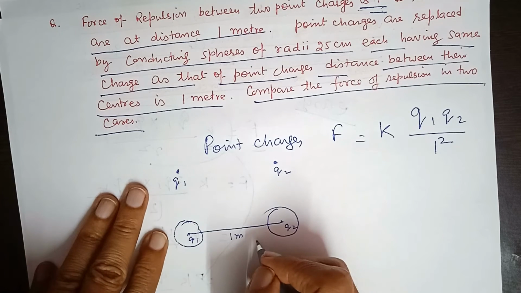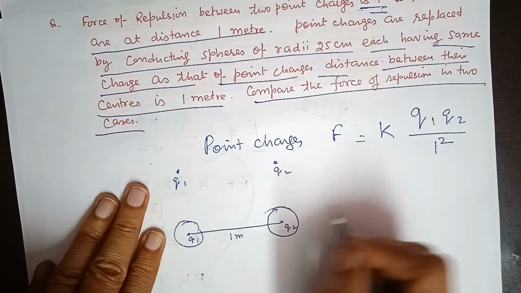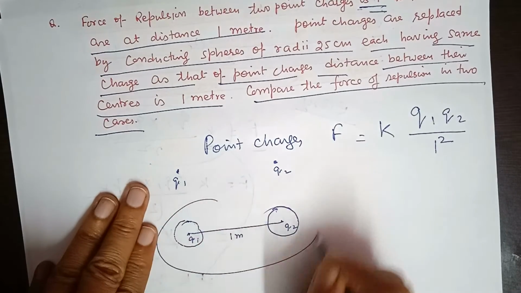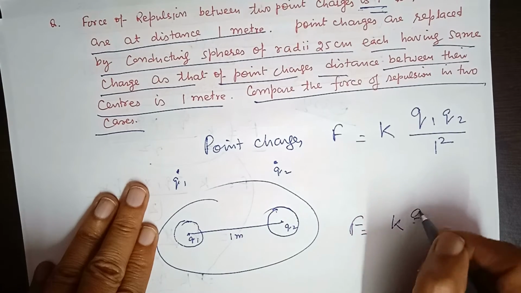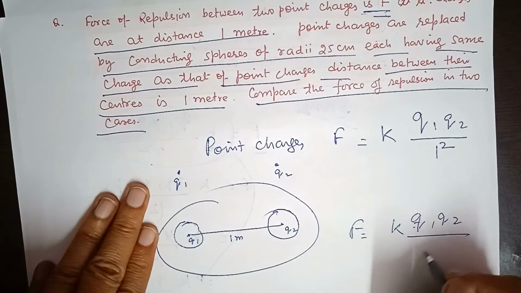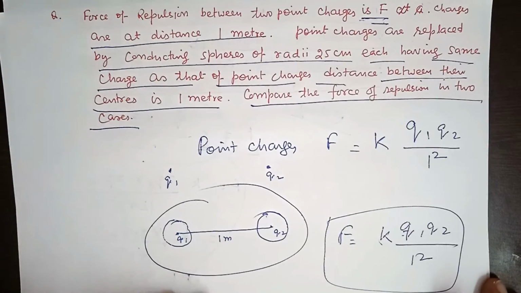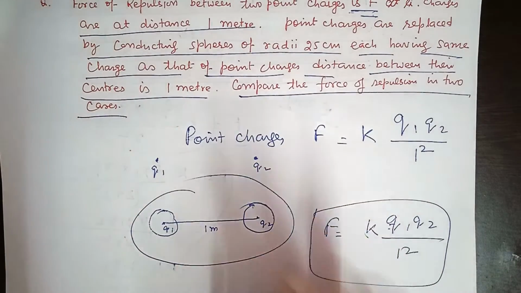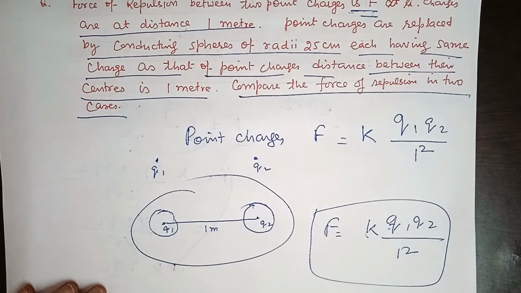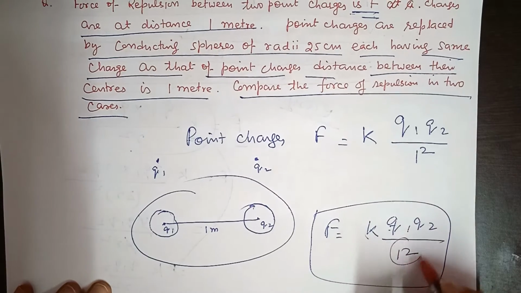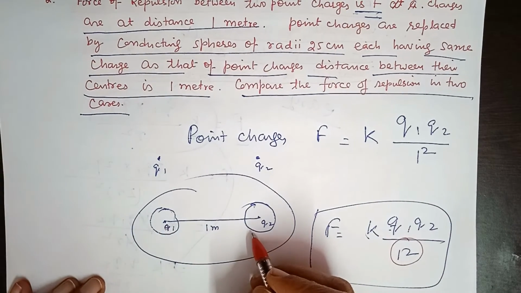Centers are 1 meter apart, and then what will be the force? If they are spheres, then the force will be K Q1 Q2 by 1 square, because when we consider conducting spheres instead of these point charges, then we take the distance as the distance between the centers of the spheres.